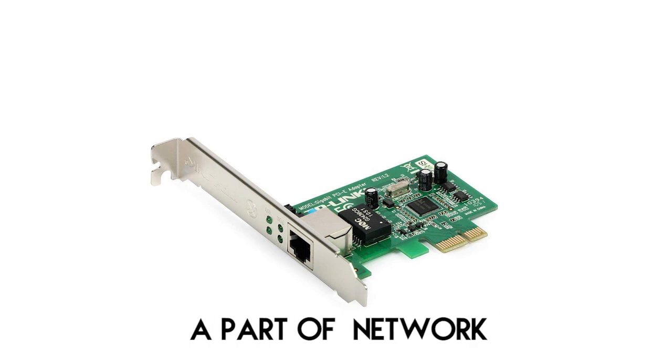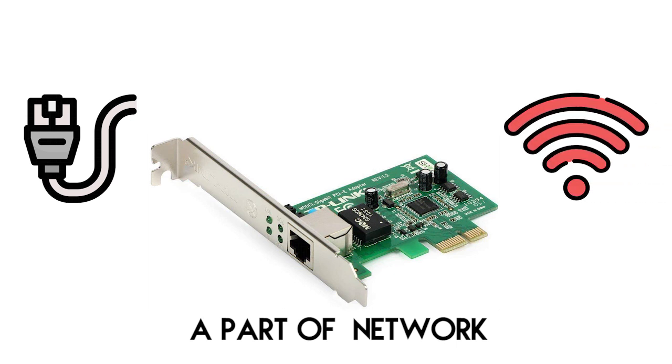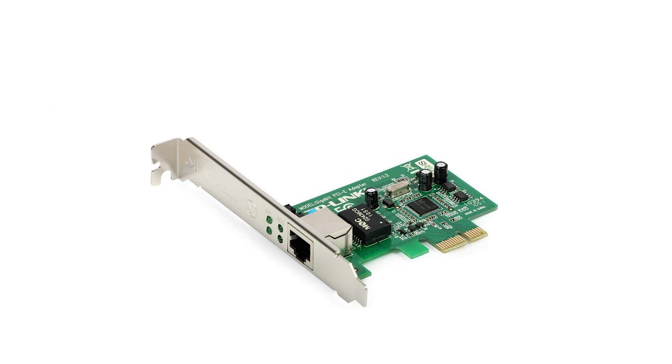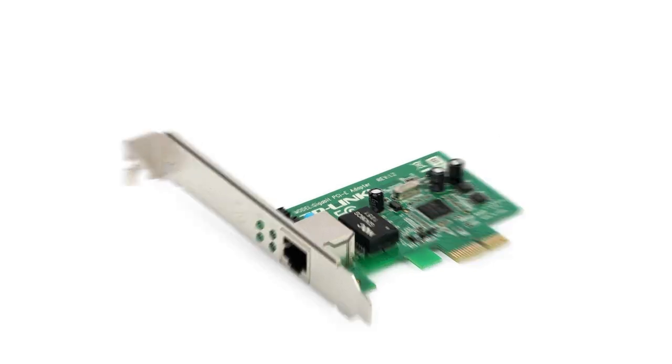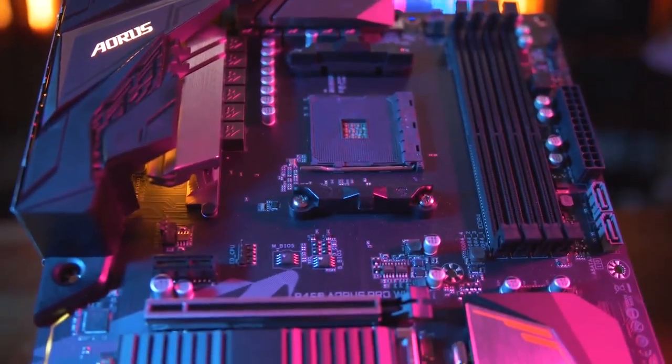The NIC contains the electronic circuitry required to communicate using a wired connection such as Ethernet or a wireless connection, for example, Wi-Fi. In the earlier days, the NIC was a separate piece of hardware connected to the motherboard. But today, the NIC is built into the motherboard of the computer.